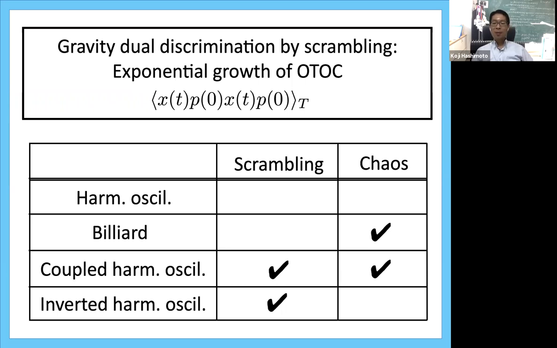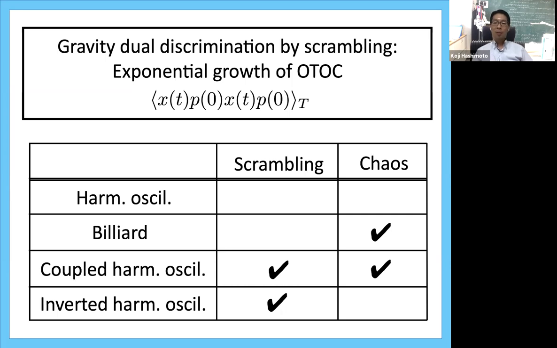Scrambling time in the gravity picture is very clear: you perturb the horizon and it spreads over the whole horizon. That is called scrambling time. But now we extend this notion to quantum mechanical systems, which are dual to this gravity system. I will not talk about scrambling time here. Here I follow the definition of scrambling as an exponential growth of OTOC.